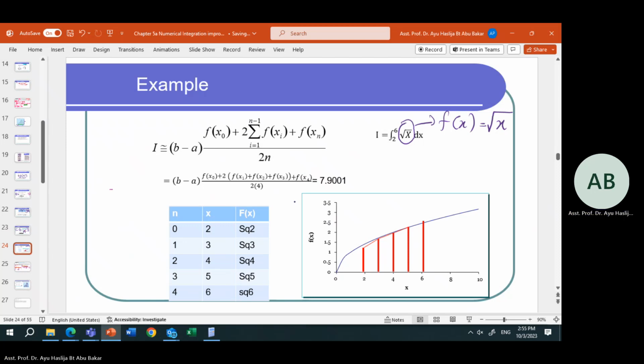Square root of the x. Okay, you get the same, the fx value.